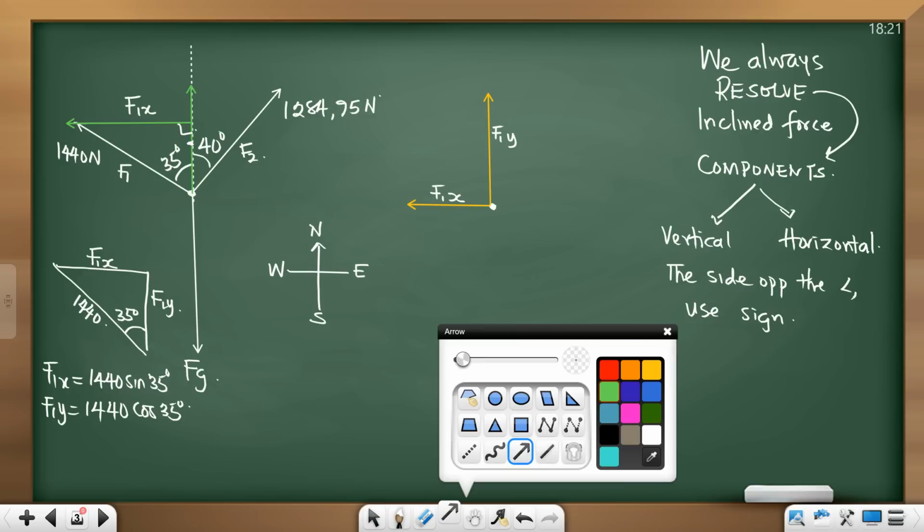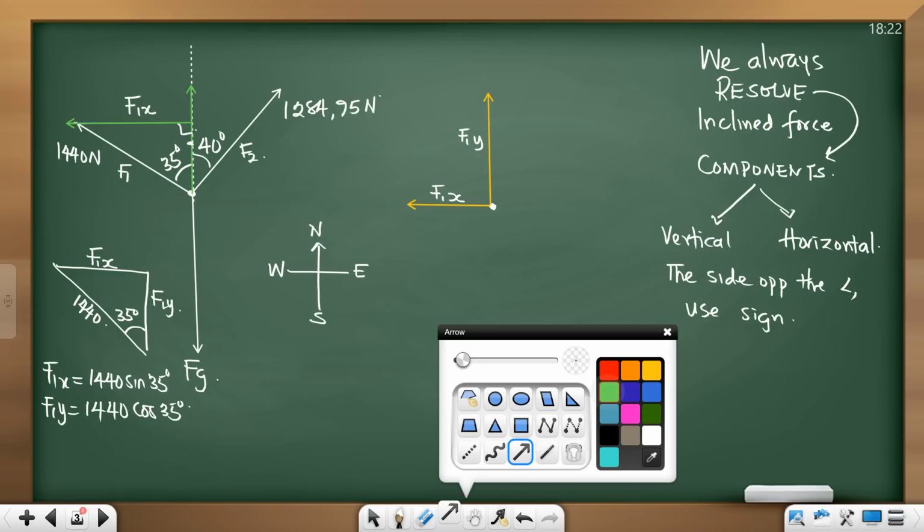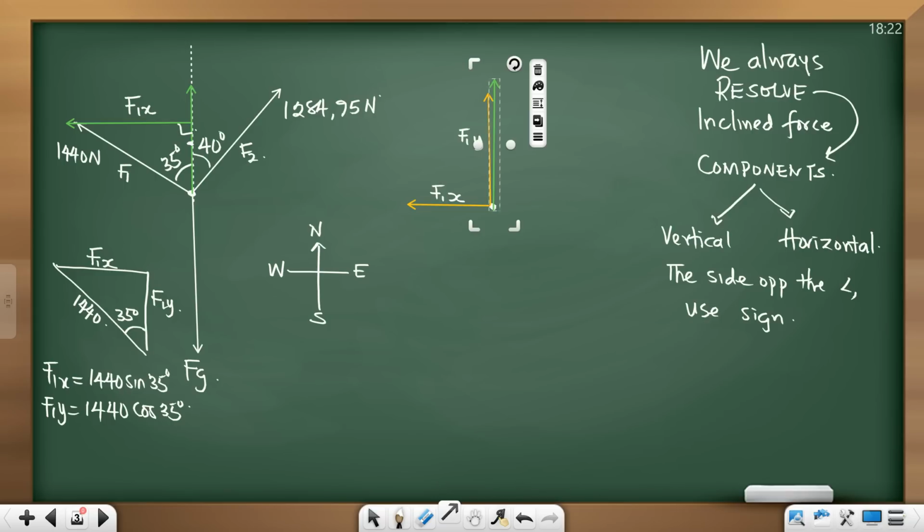So it means my F2 will be pointing to the north, and the horizontal will be pointing to the right. So what do we have? F2X and F2Y. I want you to quickly tell me which one is sine and which one is cos.